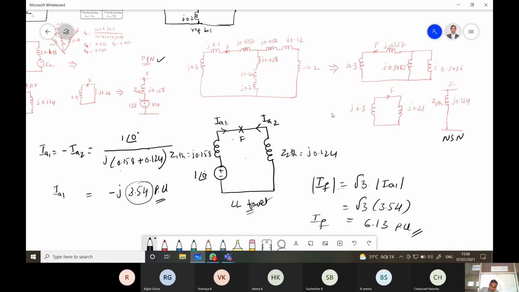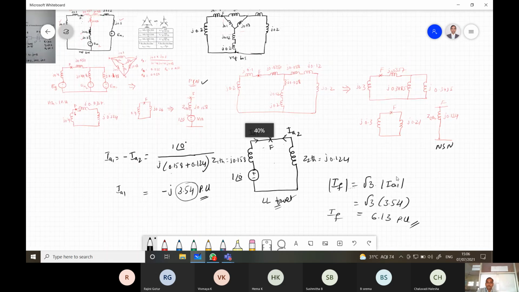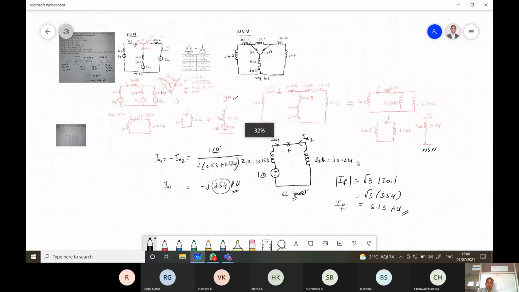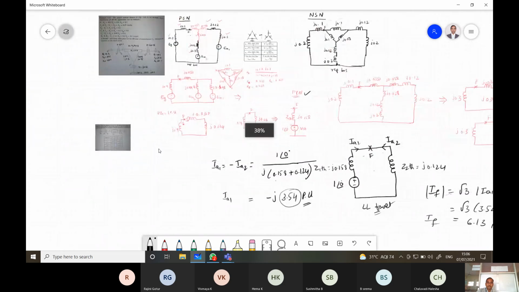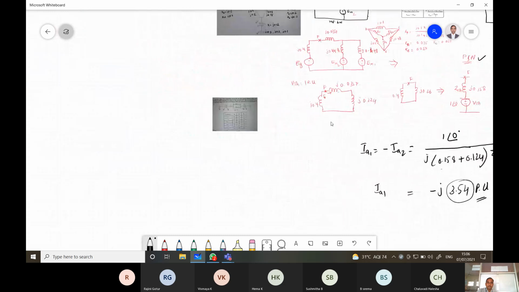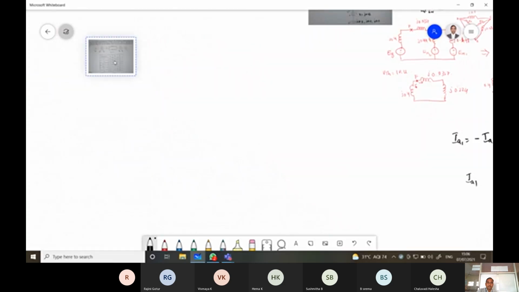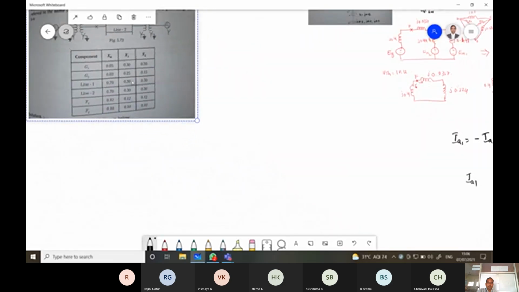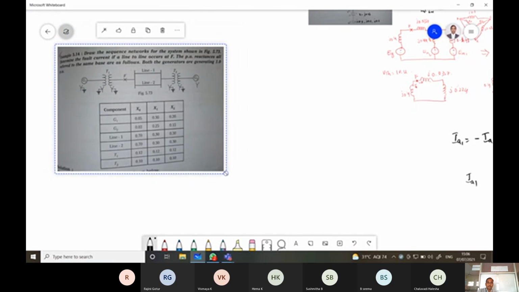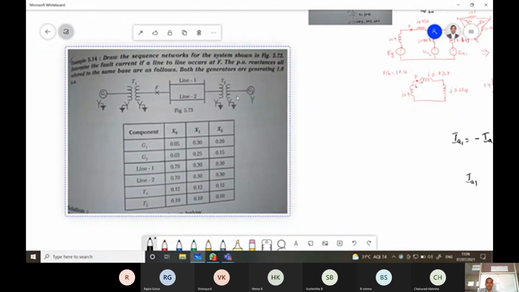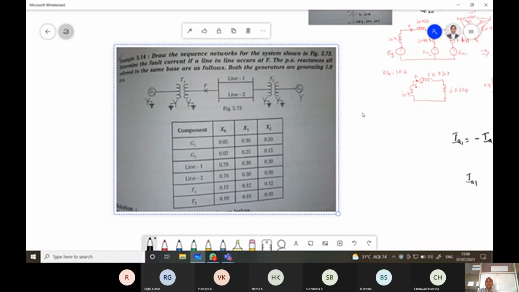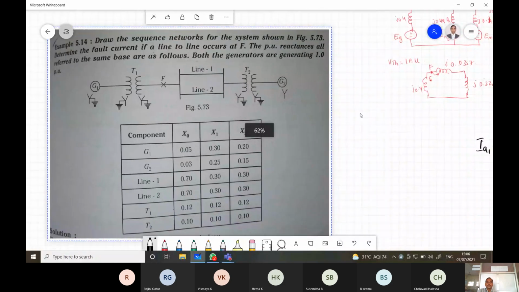Take next problem. Draw the sequence network for the system shown in figure.